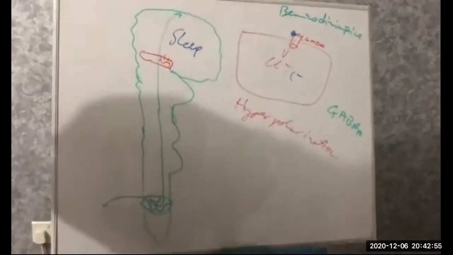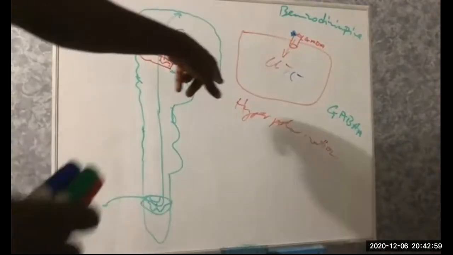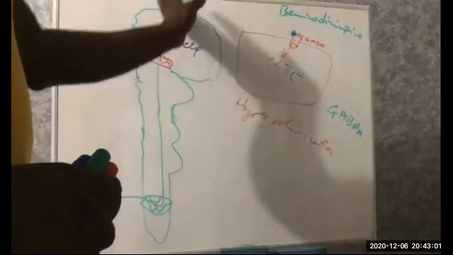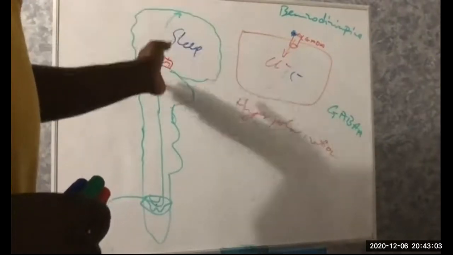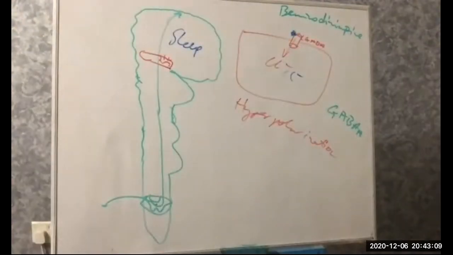So it's not only in insomnia. Even when there is action potential, a lot of impulses getting to the cerebral cortex, it's still the benzodiazepines that you use, okay? So in people who are having insomnia, anxiety disorders and seizures, you give these kinds of benzodiazepines.